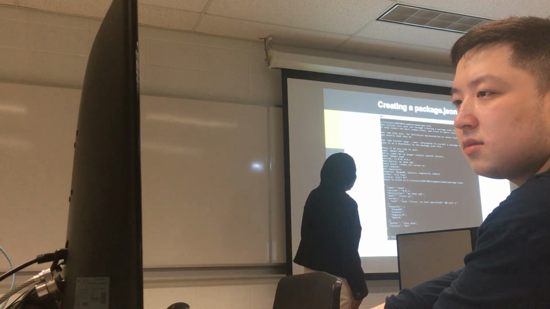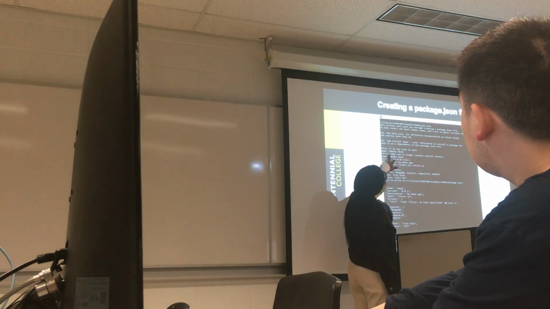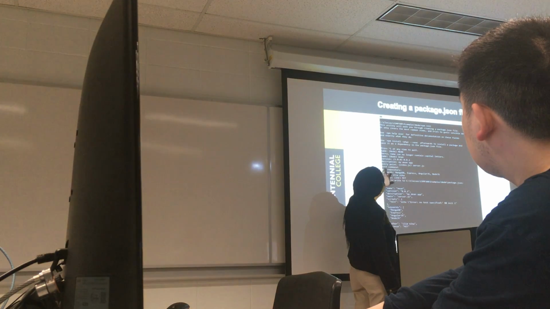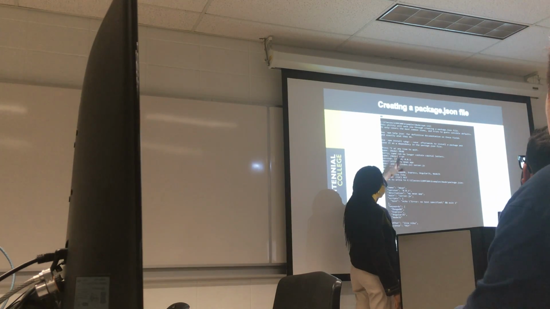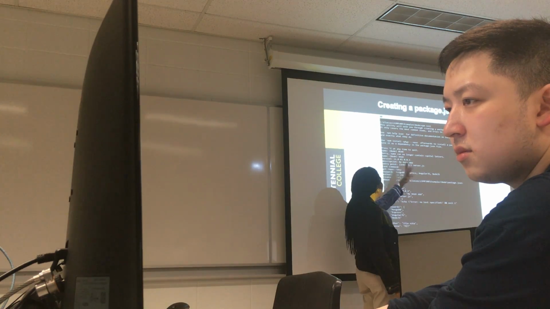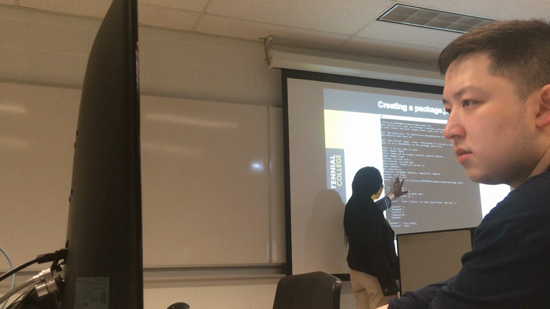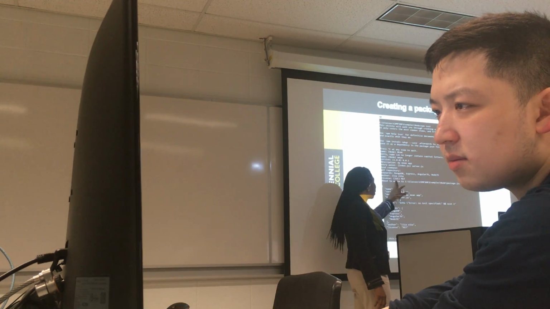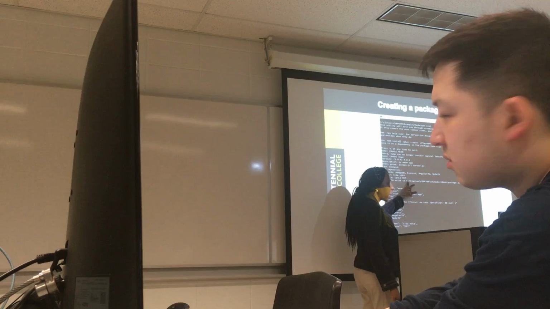It will ask you the name, the version, and the description. If you are doing Node.js, you can decide to leave out the Git repository and the keywords. Then the author, and it will show you the license. The license can either be ISC or MIT.